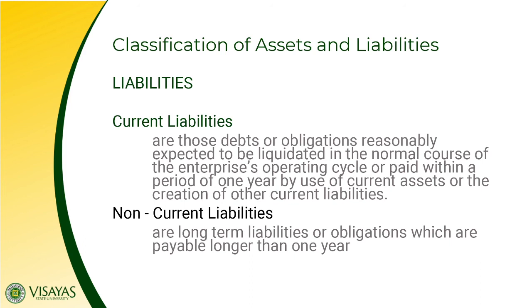And the non-current liabilities are long-term. Current is short-term liabilities, while non-current is long-term liabilities or obligations which are payable longer than 1 year. Examples are mortgage payable and bonds payable.